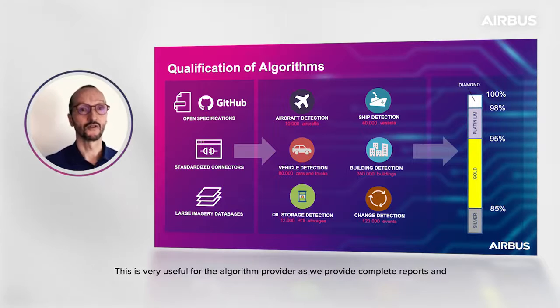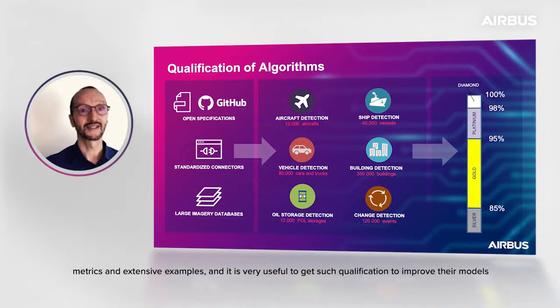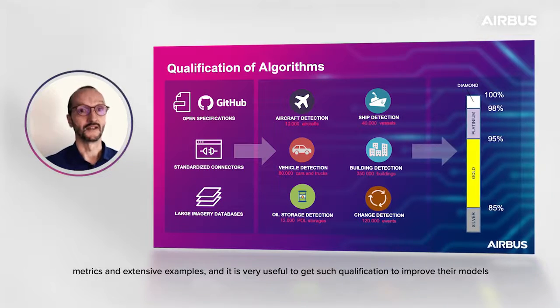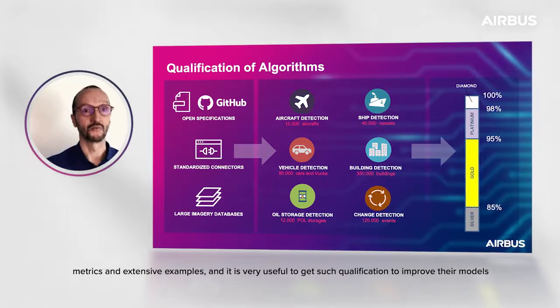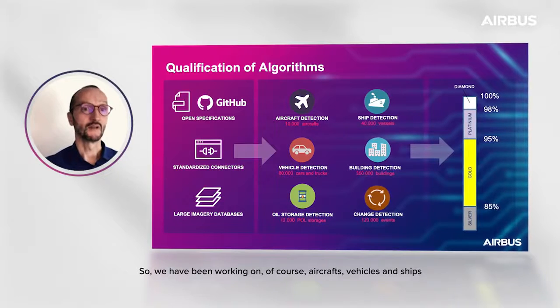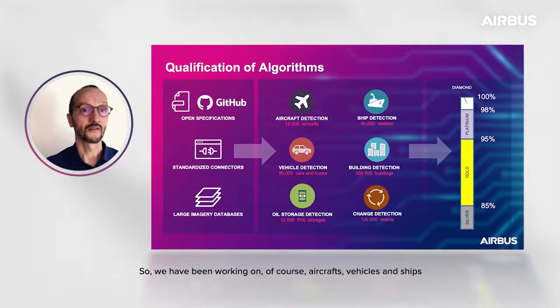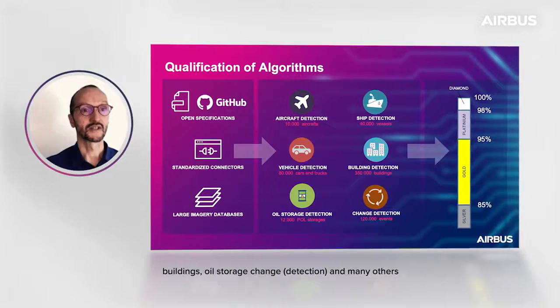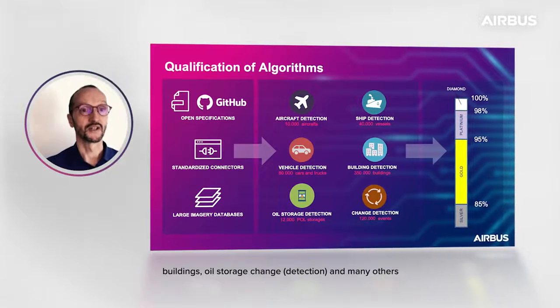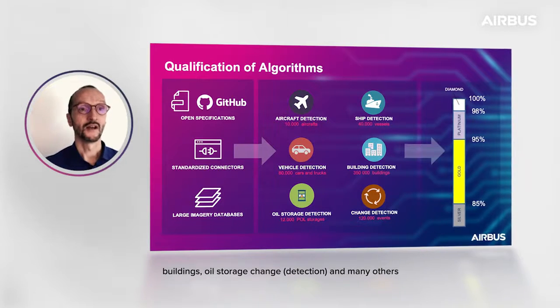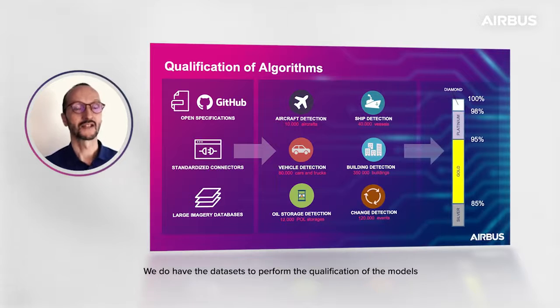This is very useful for the algorithm provider, as we provide complete reports, metrics and extensive examples. It is very useful to get such qualification to improve the models. We've been working on, of course, aircraft, vehicles, ships, buildings, cold storage, changes, and many others. We do have the datasets to perform the qualification of the models.